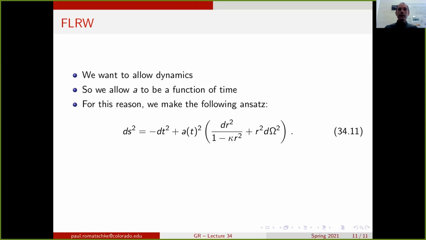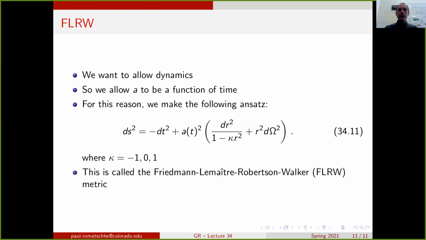So the ansatz we will consider is the following. We'll have a line element that is given as minus dt squared plus a time-dependent function A times the space part, which can be either Euclidean or elliptic or hyperbolic in geometry. Again, kappa here takes the 3 possible values, minus 1, 0, and 1, and we don't want to presuppose the correct value that we should take for doing cosmology.